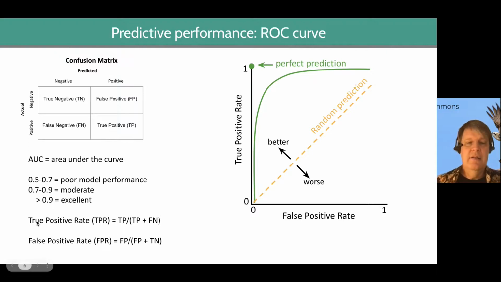And then there's the true positive rate. So that's looking at the true positives divided by the true positives plus the false negatives, and the false positive rate. And it's all taking values from that confusion matrix. If we look at how the false positive rate and the true positive rate vary, so what's the probability of these two things as we increase the threshold?